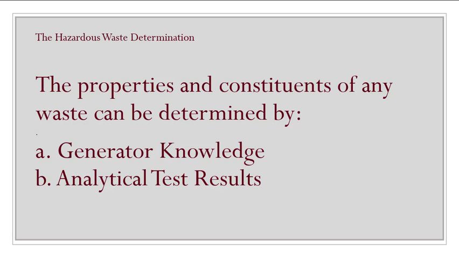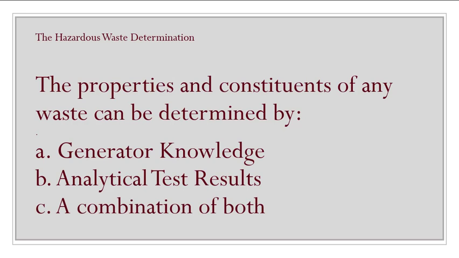The waste code doesn't matter when you're doing a hazardous waste determination. You use 2 different methods to come up with the information to make the determination: generator knowledge of the waste and analytical test results of the waste. Or you can use a combination of both.